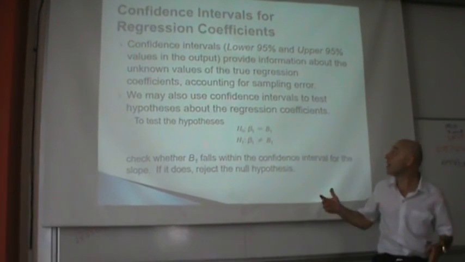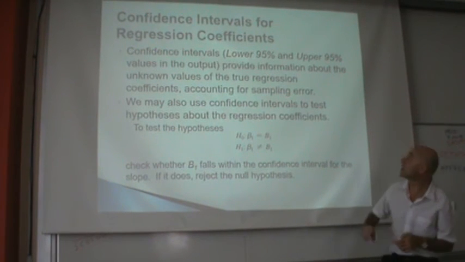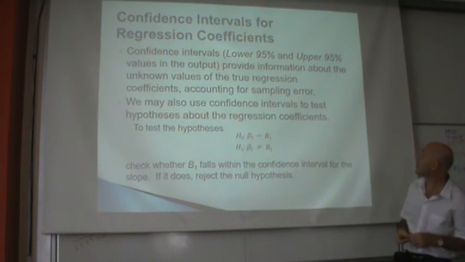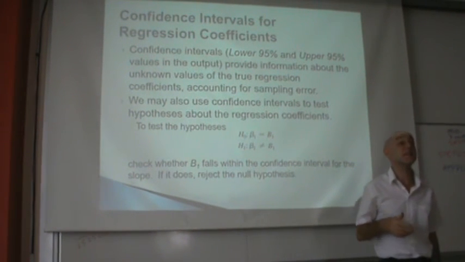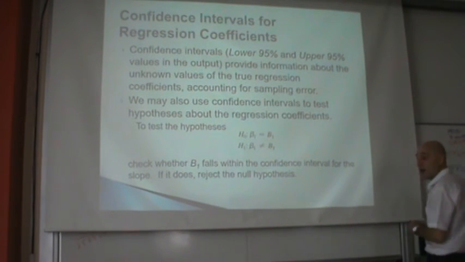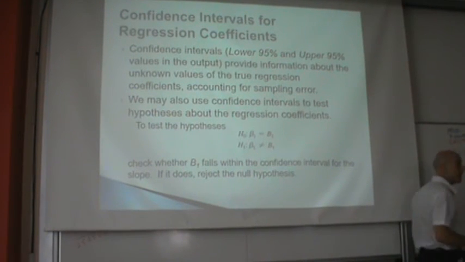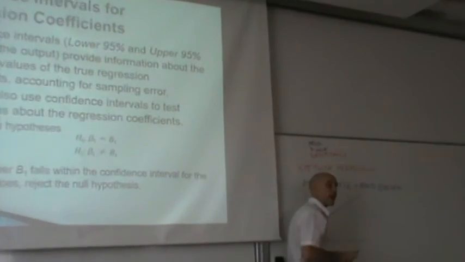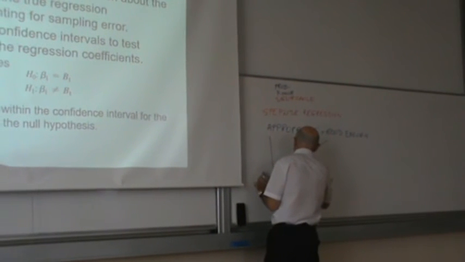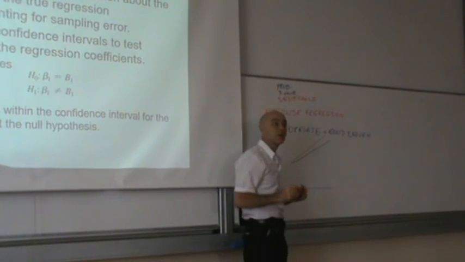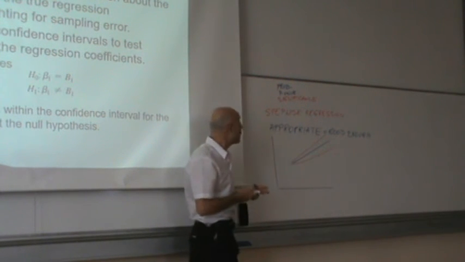For each parameter, whether it's the slope or each coefficient, you can have a confidence interval, okay? And you can create a 90% confidence interval so that you can see what the slope actually looks like. They don't have a picture, but I can draw a simple one. If this is the trend line, the confidence interval will be maybe a little bit steeper and maybe a little bit flatter.